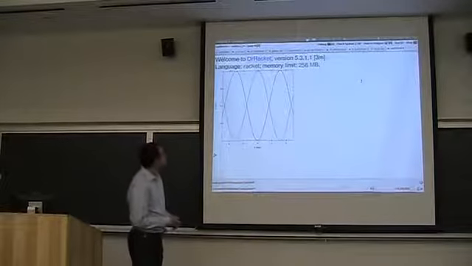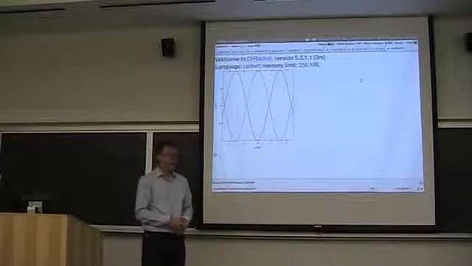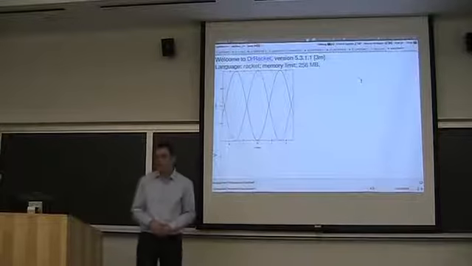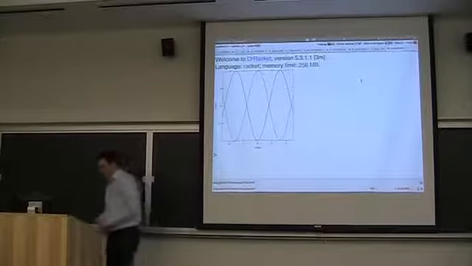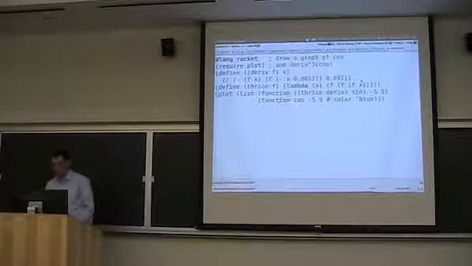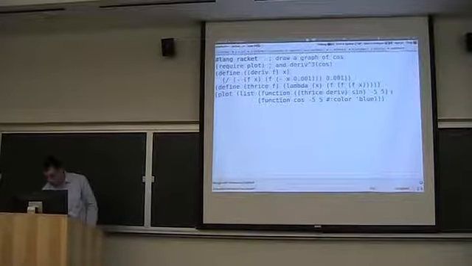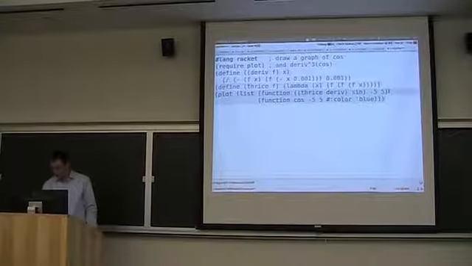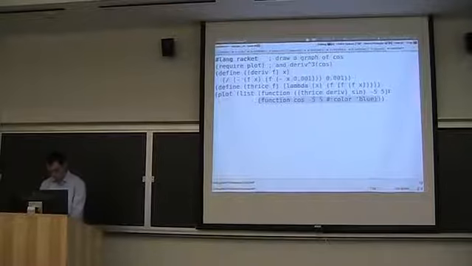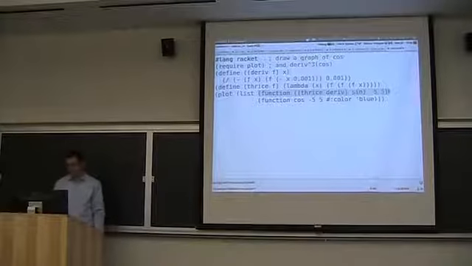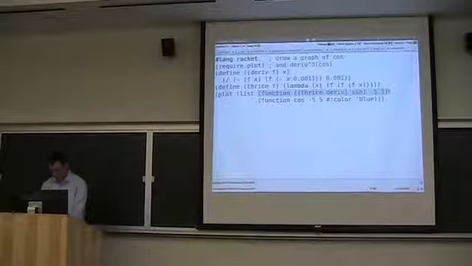Honestly, this is one of the coolest features of Racket, I think. It comes with a plotting library that's so easy to use that it fits in 2 lines of code. Now here's a plot of the cosine function in blue and the third derivative of the sine function in red.